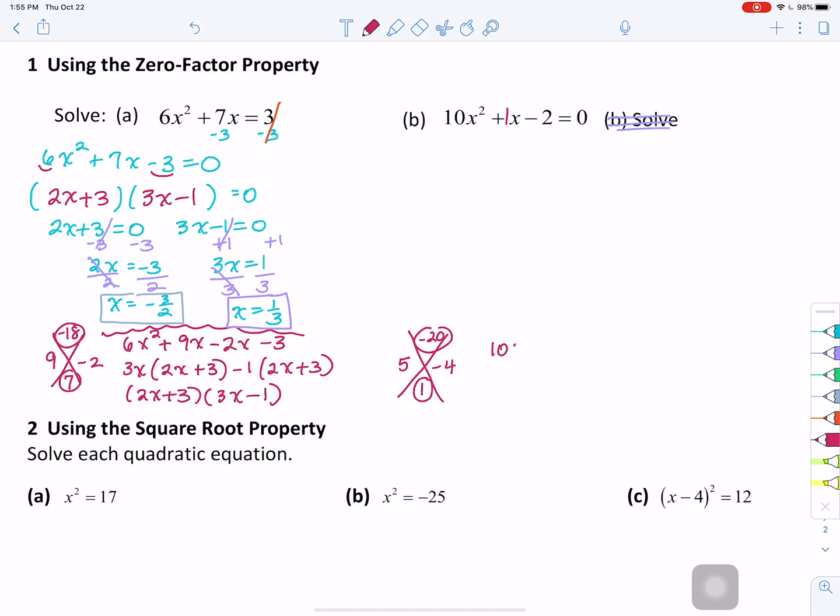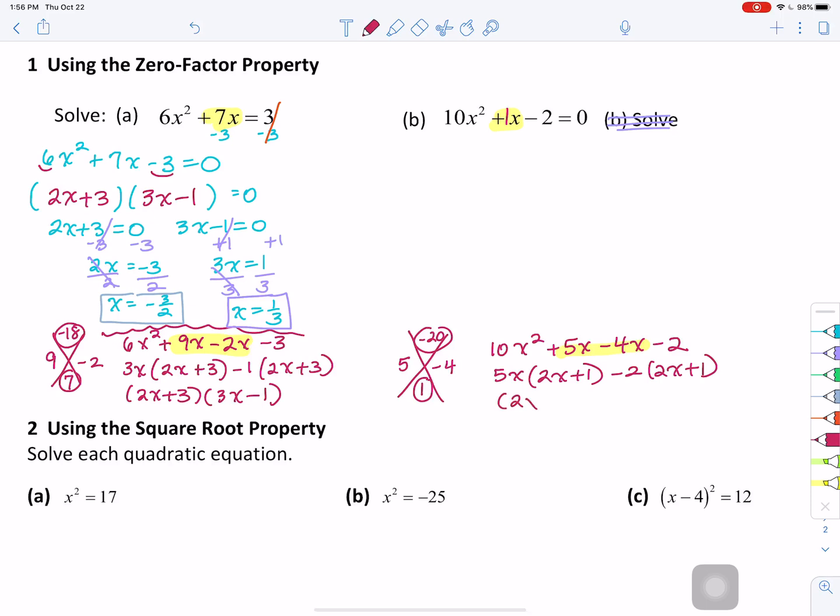So we rewrite 10x squared plus 5x minus 4x minus 2. Let me remind you that 7x is equal to 9x minus 2x. So we just create a group so that we can factor. I know some of you are still struggling a little bit with factoring, and we do have to get that taken care of.